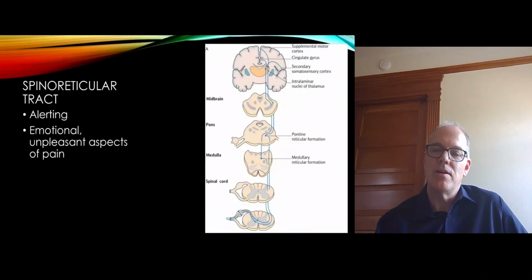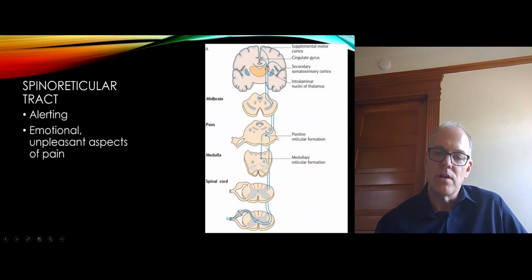One other pathway that we haven't talked about yet is the spinal reticular tract. This travels right along with the spinothalamic tract. We can see it coming into the dorsal horn, crossing over and ascending right alongside the spinothalamic tract. But the spinal reticular tract, as its name indicates, synapses on the reticular formation in the brainstem.